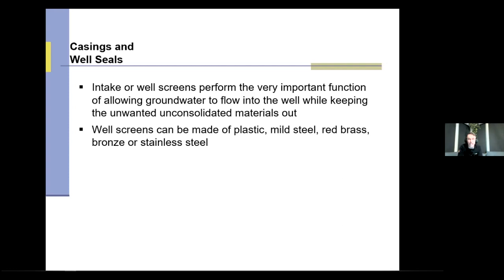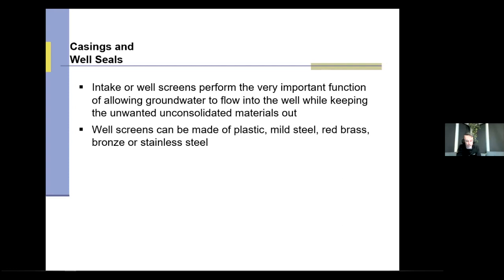The plant that I operate here is an 88 million liter a day surface water plant. But a lot of communities rely on groundwater wells, probably more so than surface water, because it's easier to treat in a lot of ways.